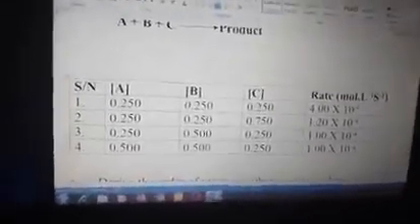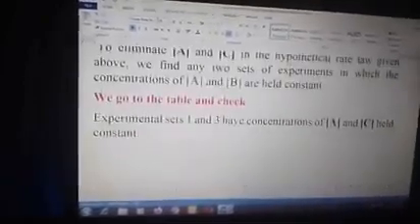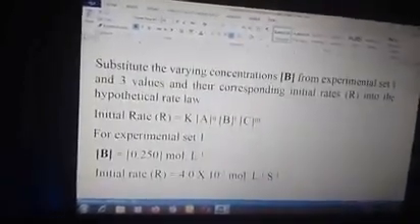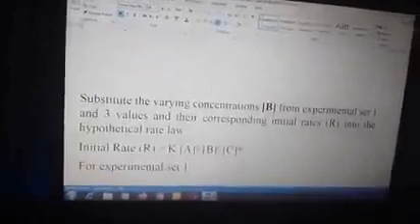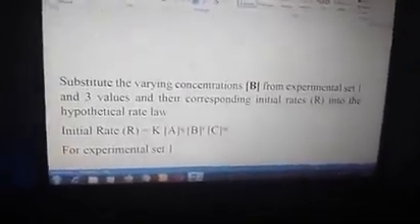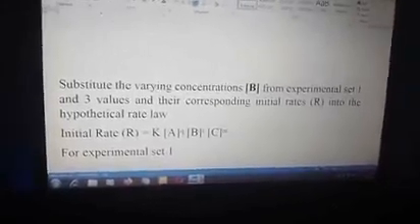So we eliminate the concentrations of A and C in the rate equation by using experiments 1 and 3. Okay, so we are there now. So we substitute the varying concentration of B from experiment 1 and experiment 3 values and the corresponding initial rate into the hypothetical rate law.